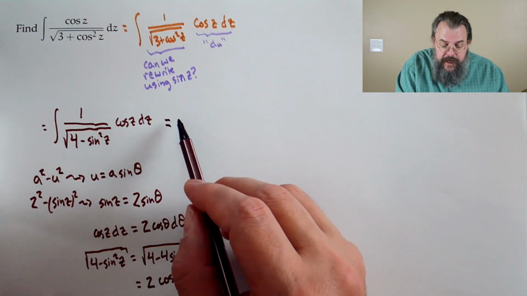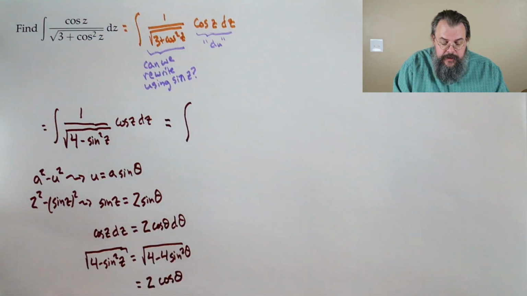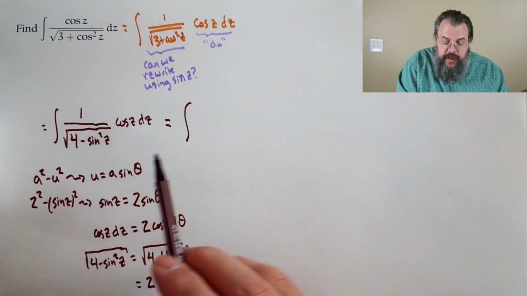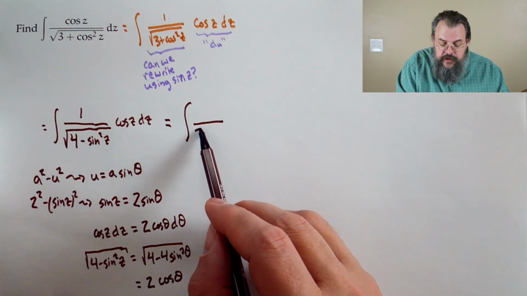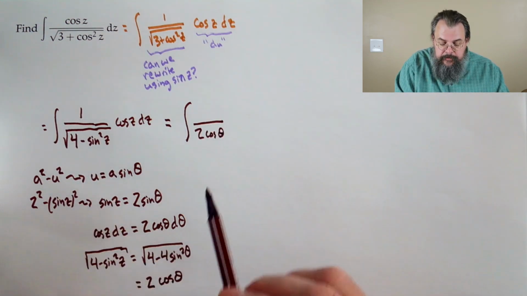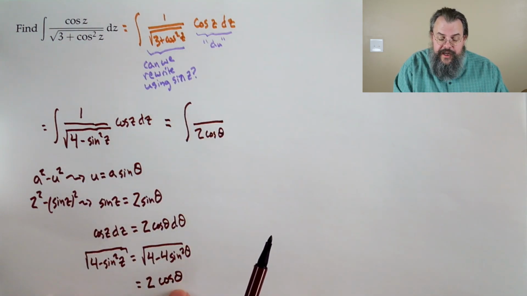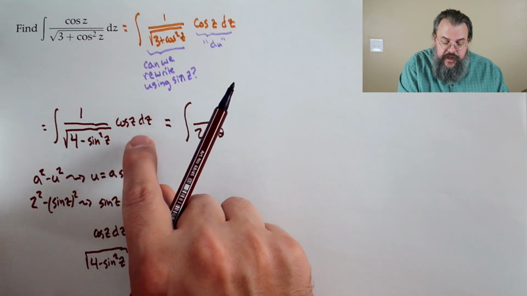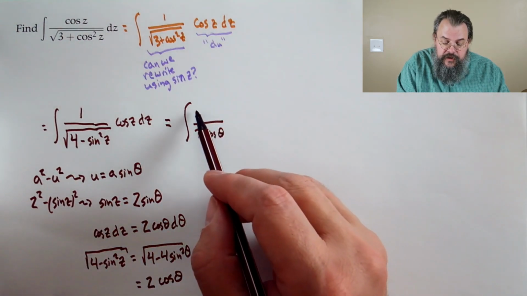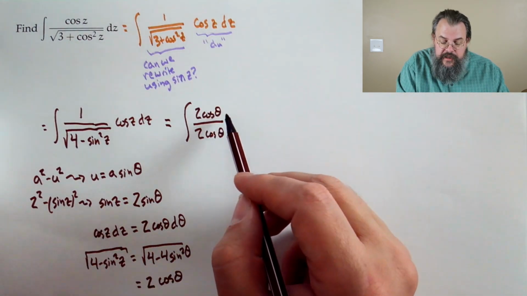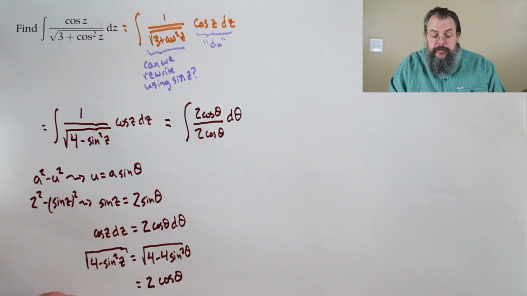So, what do we have? Downstairs becomes 2 cosine theta. The square root of 4 minus sine squared z becomes 2 cosine theta. Upstairs, the cosine z dz is 2 cosine theta d theta.